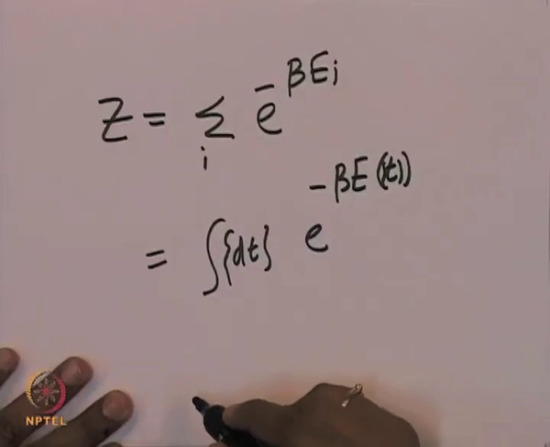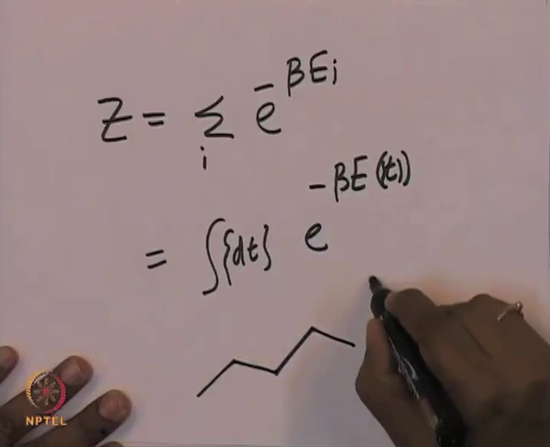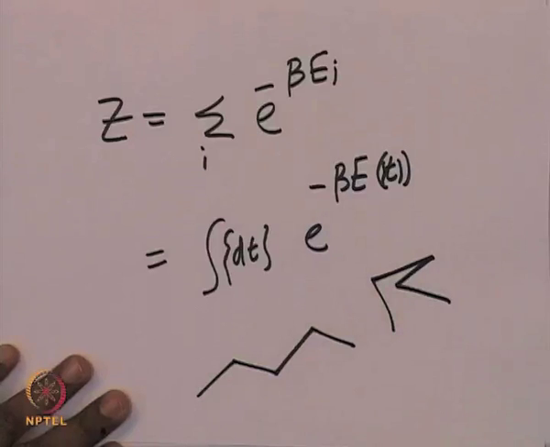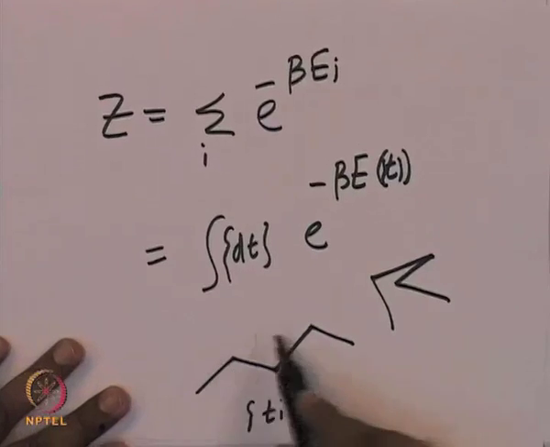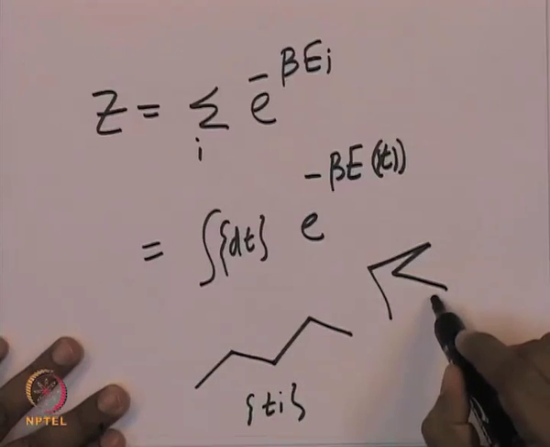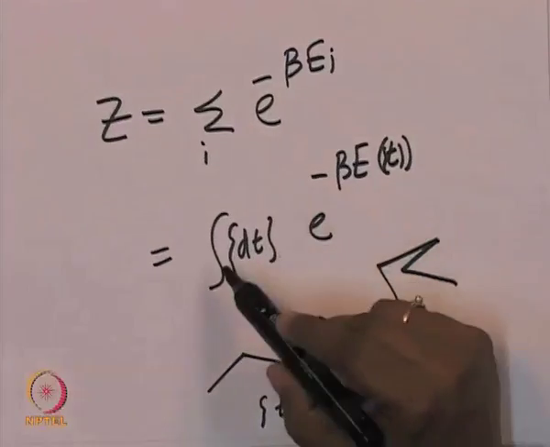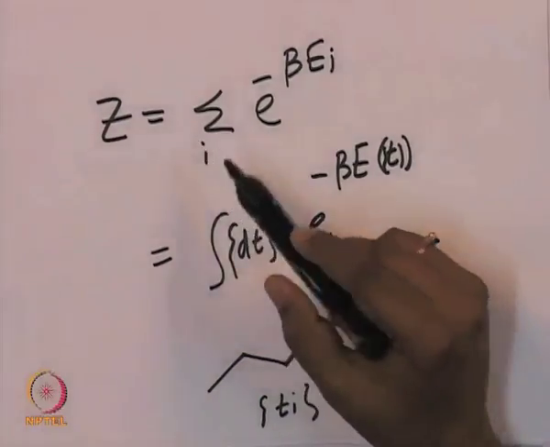If you have a particular, this is one conformation, this is another conformation. So, this is T1, T2, T3, T4, this is one set of t. One set of t will give you one conformation, another set of t's will give you another conformation. So, sum over all possible conformations is what it is.